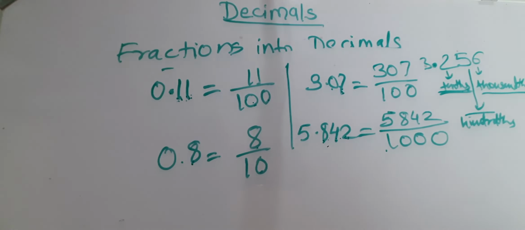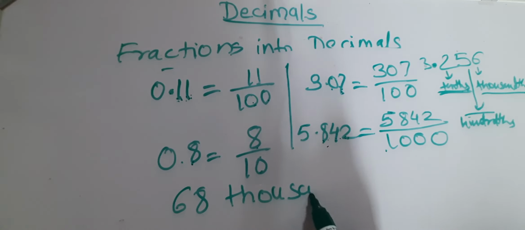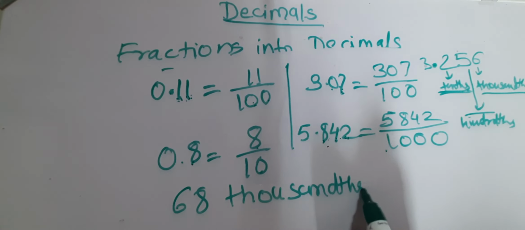These types of questions are asked in exams. Find out the fraction values of the decimals. Convert the decimals into fractions. Okay. Suppose they have asked us 68 thousandths. What is 68 thousandths? How we can write it? 68 divided by 1000, right?